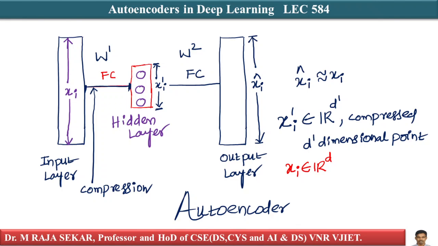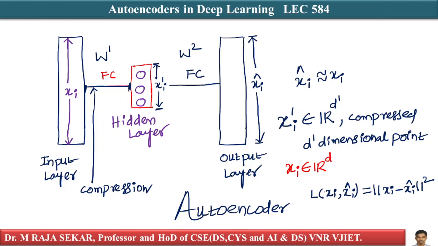Of course, there are many loss functions. This one, L of xi comma xi cap equal to norm of xi minus xi cap whole square, is one of the most used. And how do you train all of it? We will use the machinery of optimizer algorithms like Adam.